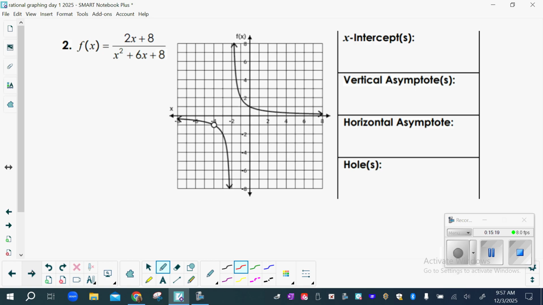It doesn't cross the x line. That's okay.